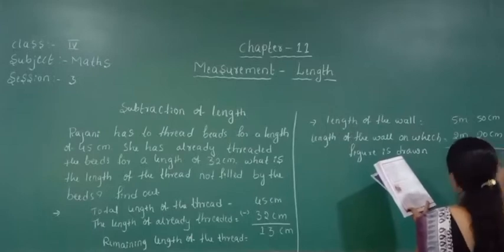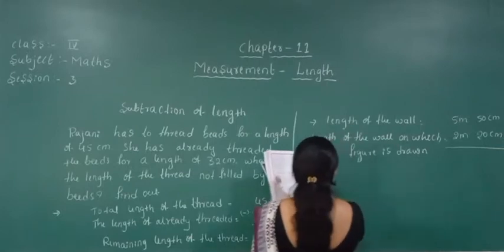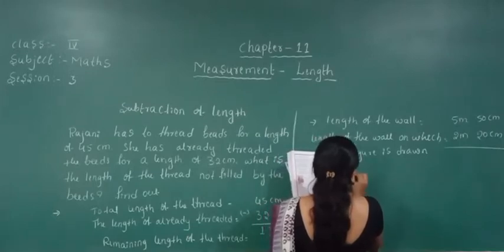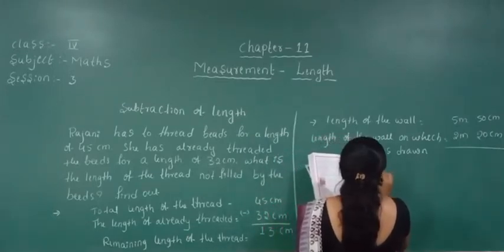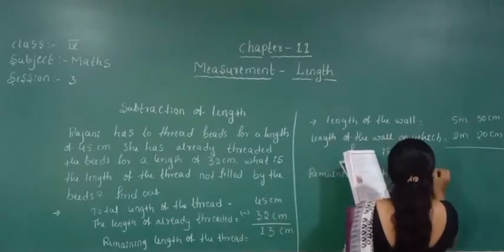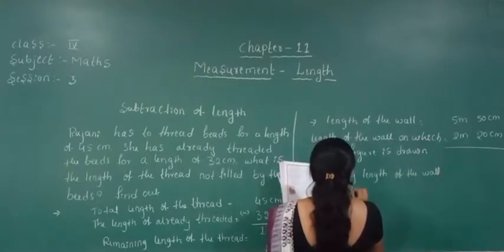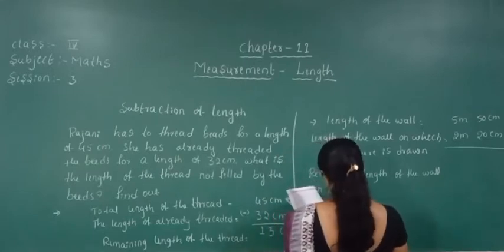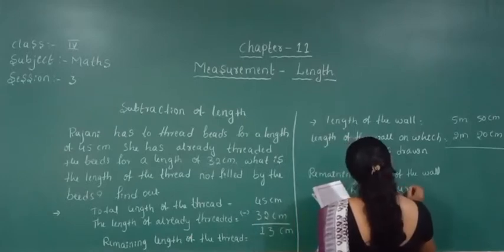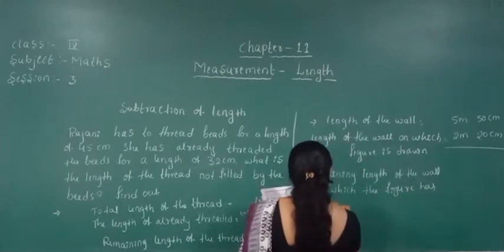Okay, how much remains to be drawn? I'll write here: remaining length of the wall on which the figure has to be drawn.